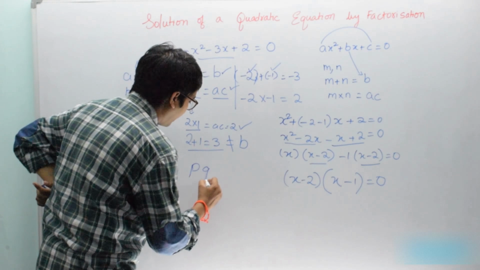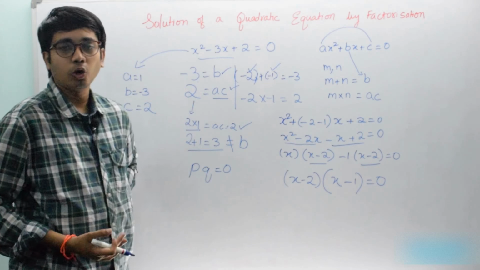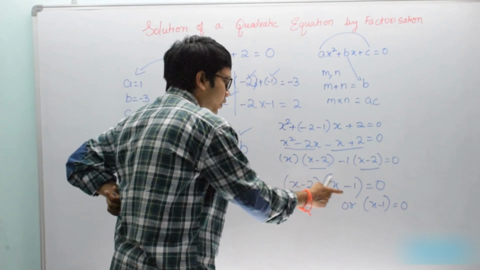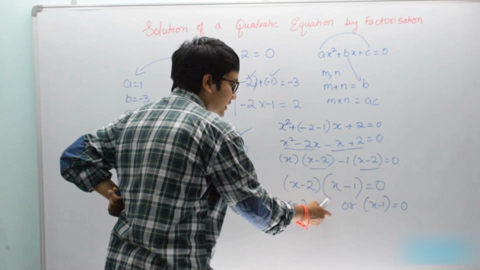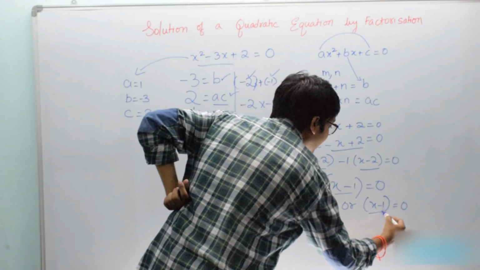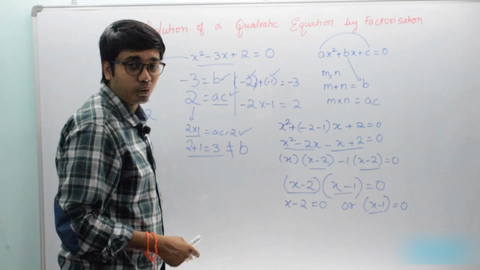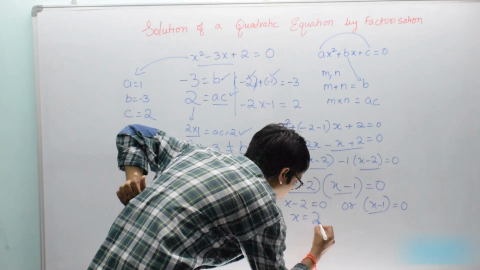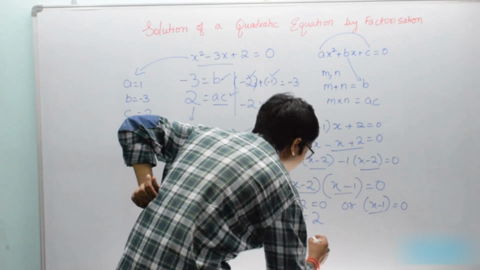If the product of two numbers P and Q is equal to 0, then either P equal to 0 or Q equal to 0. So I got x minus 2 into x minus 1 is equal to 0. So I can say x minus 2 is equal to 0, I am taking this term, or x minus 1 is equal to 0, I am taking this term. If x minus 2 is equal to 0, what is x? x is 2. If x minus 1 is equal to 0, then what is x?